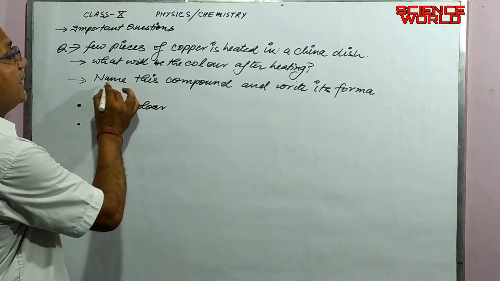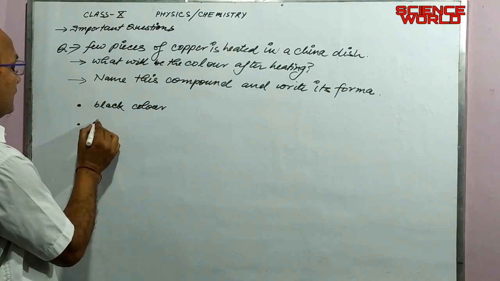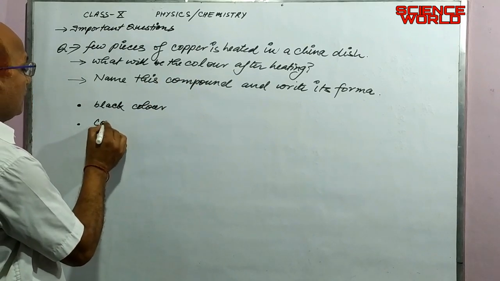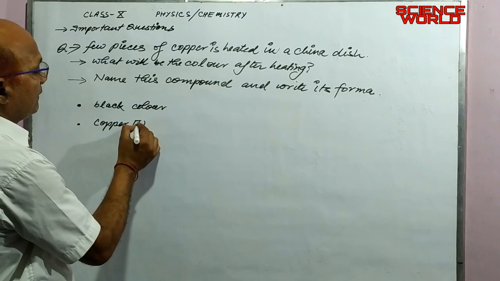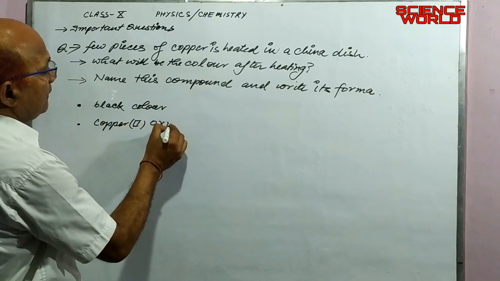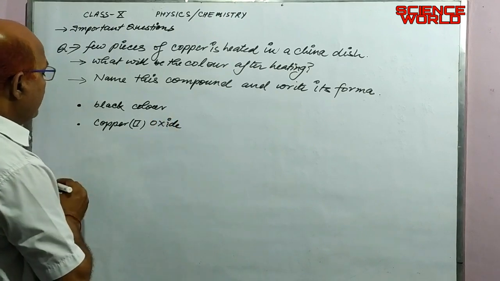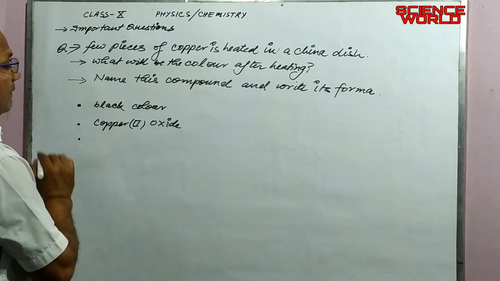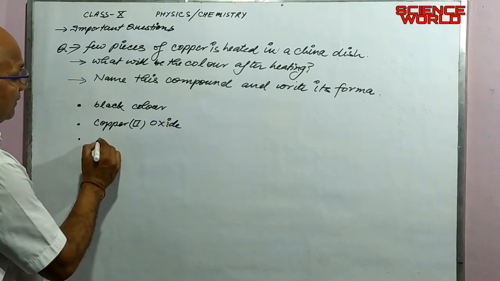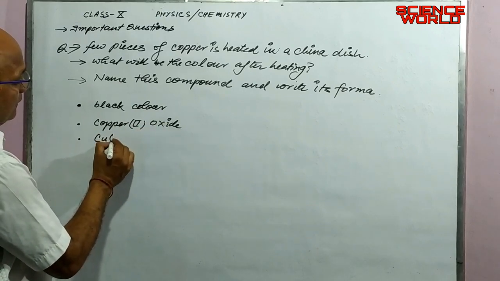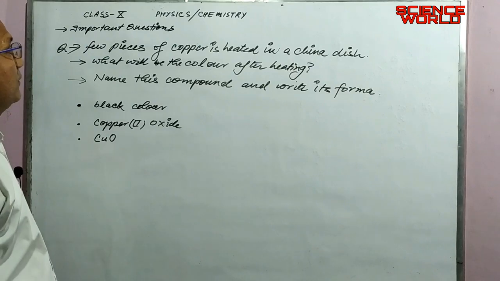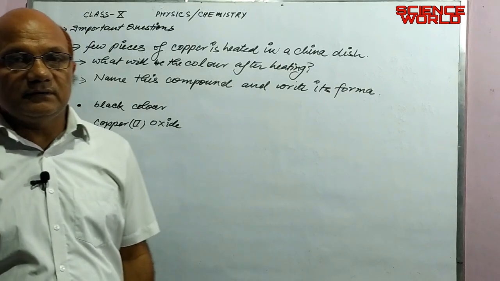And name this compound. So this is copper second oxide. Okay, write its formula. Copper second oxide, it is CuO. Now take a screenshot of it.